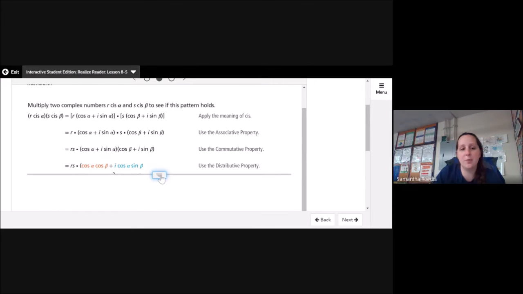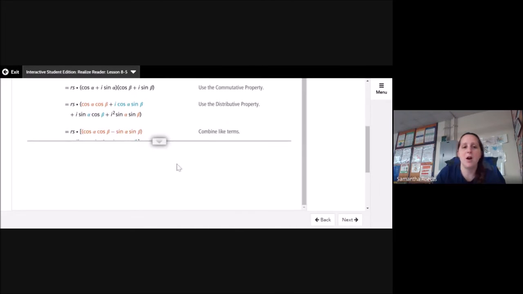And I use the distributive property, which gives me rs times cosine alpha cosine beta plus i cosine alpha sine beta plus i sine alpha cosine beta plus i squared sine alpha sine beta. I just combined my like terms there. Remember that i squared gives me negative 1.